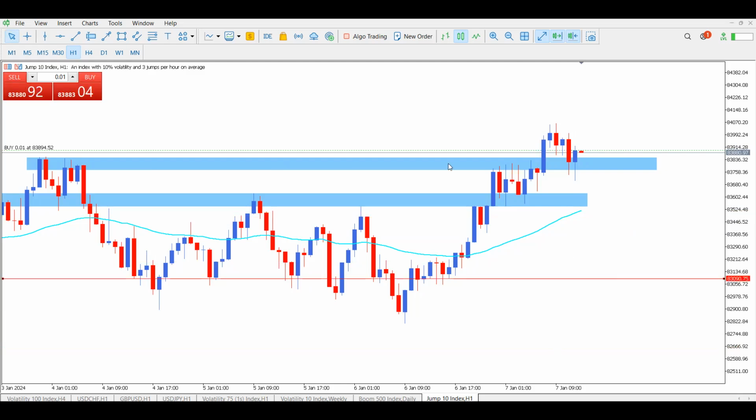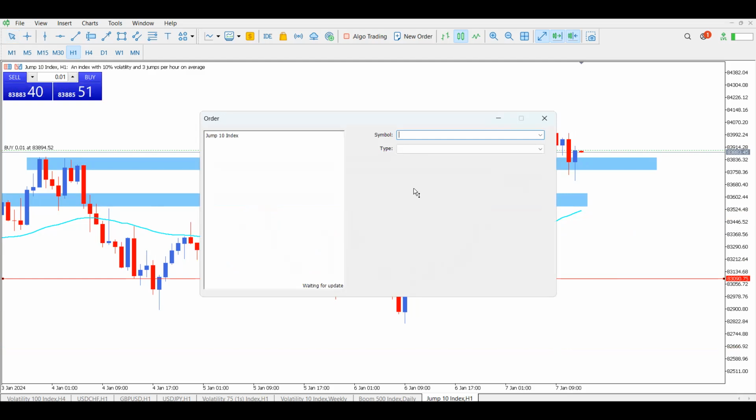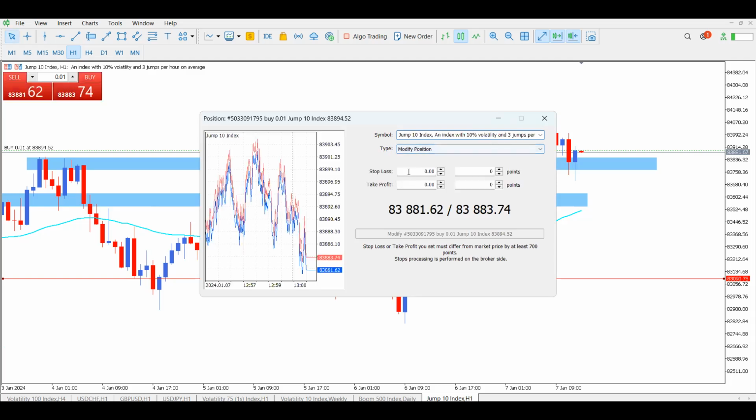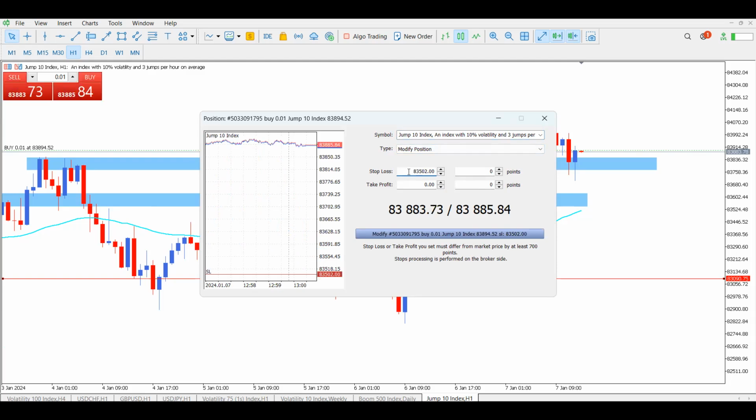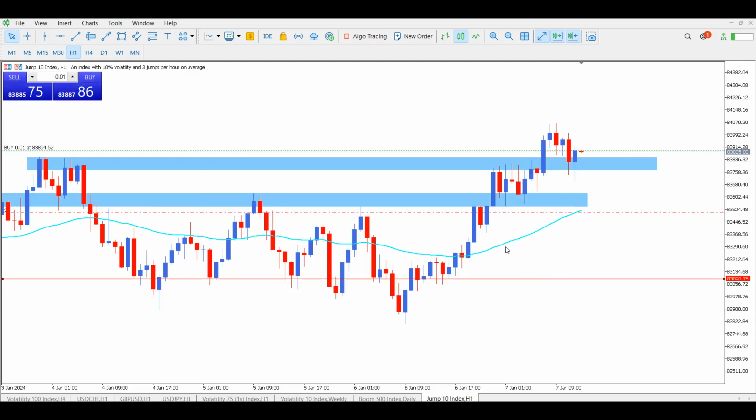So I can quickly modify my current trade. So yeah, I have that set for my stop loss.